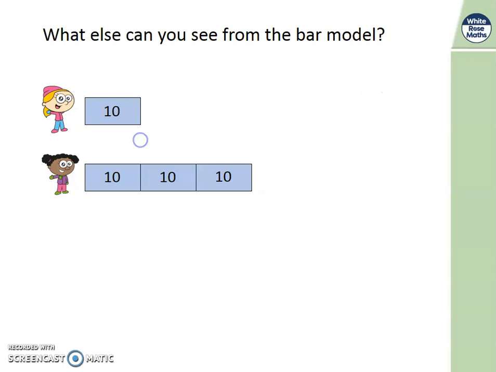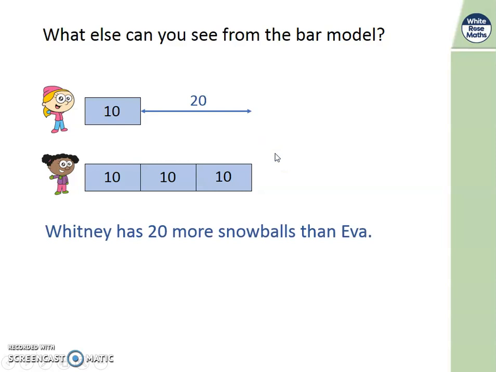Let's have a look. We can see that there is a difference between this bar and this bar of 20, because 10 add 10 makes 20. So Whitney here has got 20 more snowballs than Eva.